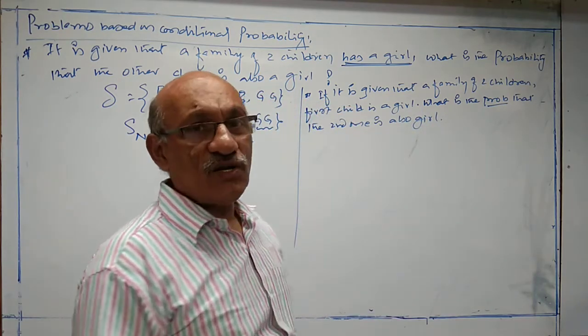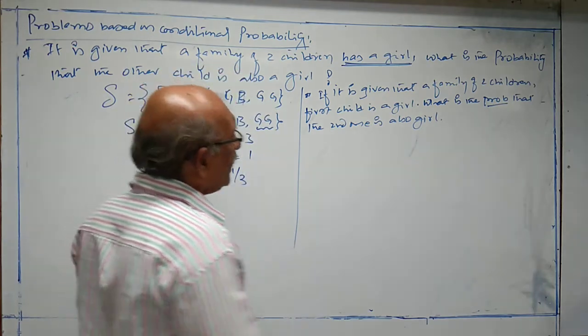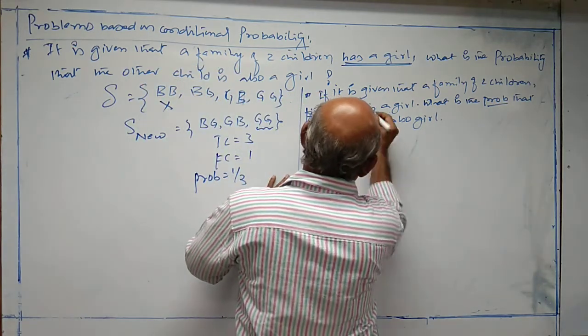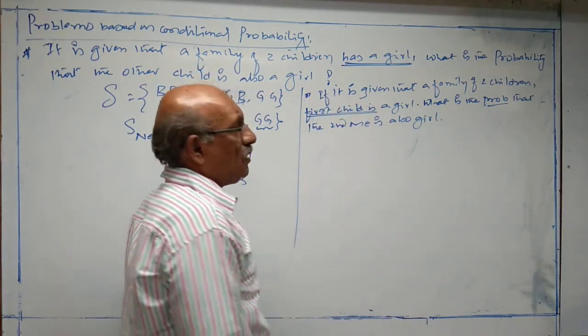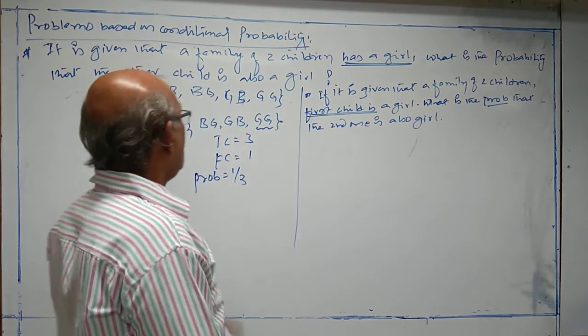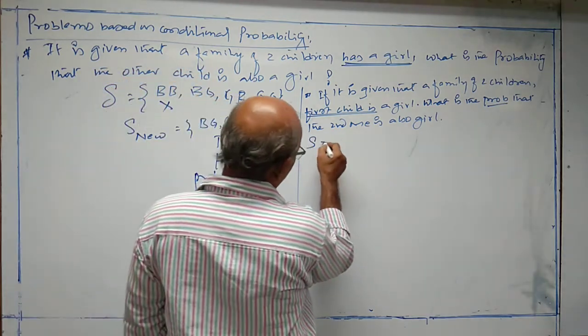Now here it is clearly specified first child is a girl. So one more, let us see the sample space.